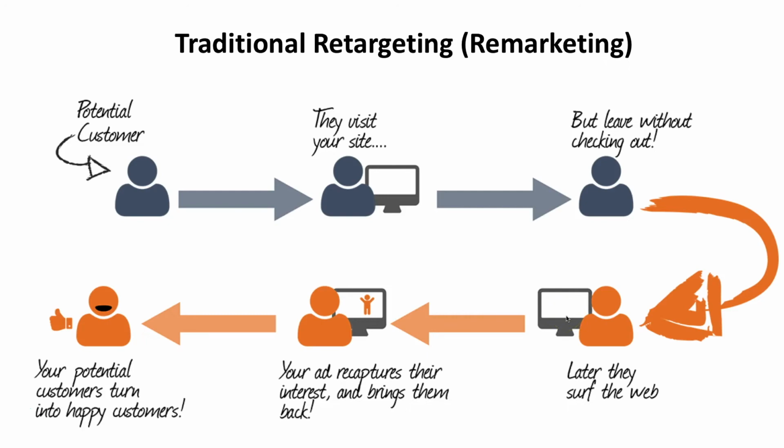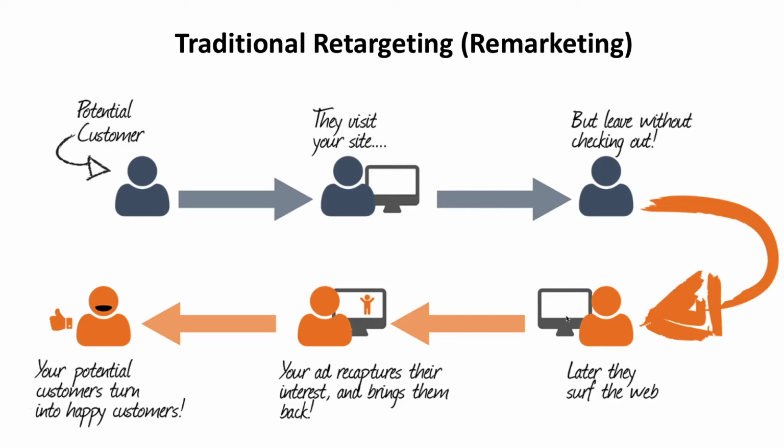So traditional retargeting, also called remarketing, works kind of this way. This is how people always thought about it when retargeting started. You'd have a potential customer who comes to your website and leaves without buying anything. This is like a traditional e-commerce funnel.